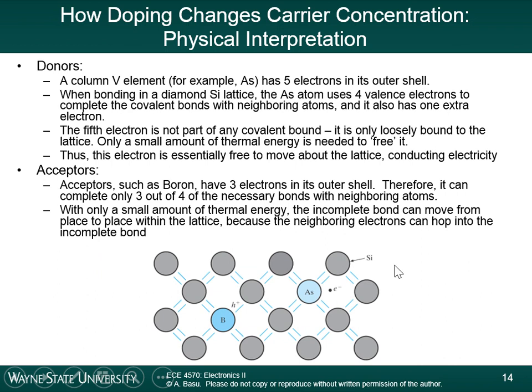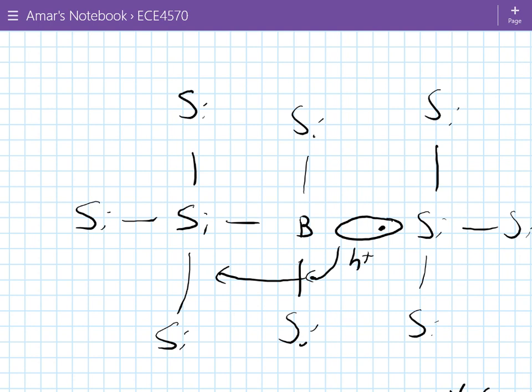In the case of a column 3 element, there are 3 electrons in the outer shell. So it can only complete 3 out of 4 of the necessary bonds with the neighboring atoms. With only a small amount of thermal energy, the incomplete bond can move from place to place within the lattice because the neighboring electrons can hop into the incomplete bond. Okay, we've already talked about this, but I'll mention it one more time because sometimes students are confused about this.